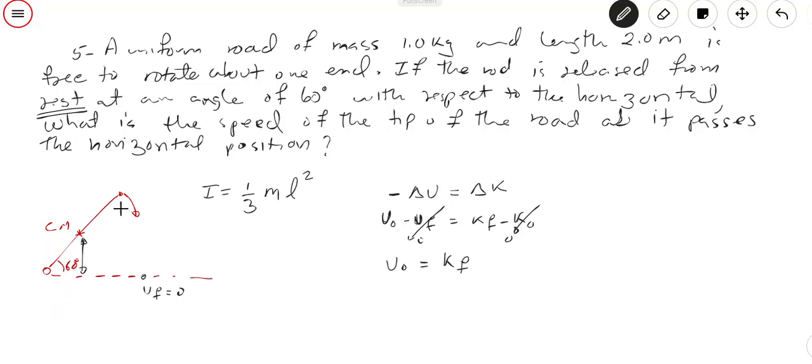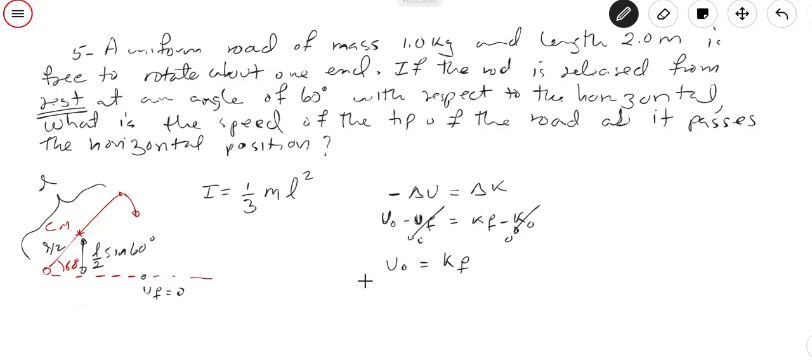And of course, if L is just the length of the rod, the center of mass is at L over 2 from the center of rotation. If we have an angle of 60 degrees, then this height here is related to the angle through the sine function. So this would be L over 2 sine of 60 degrees, right?